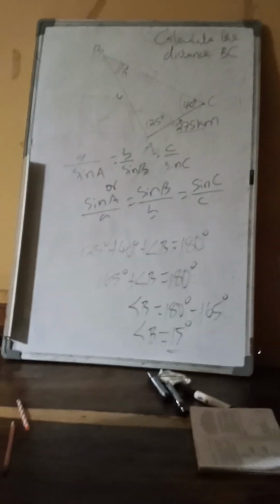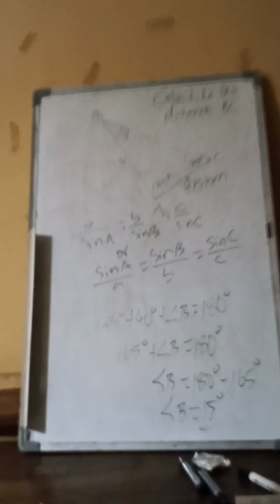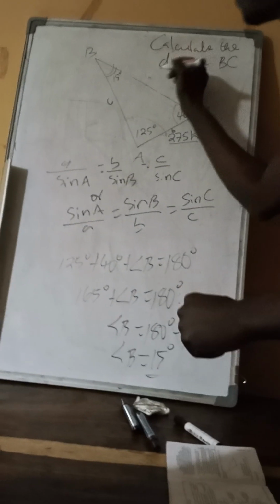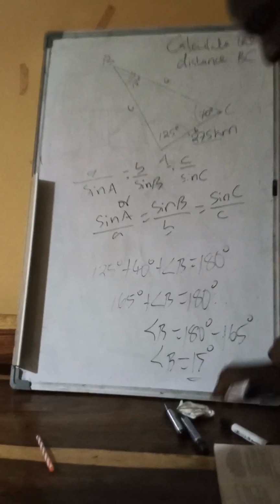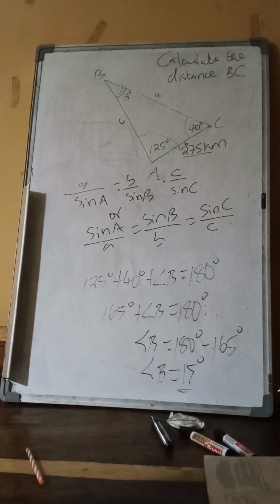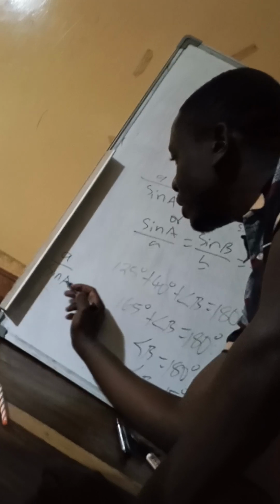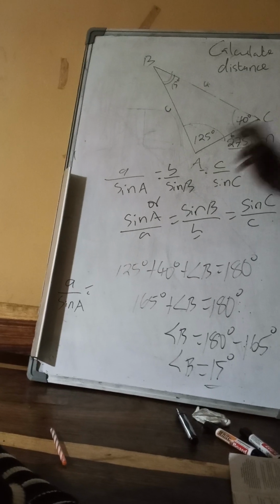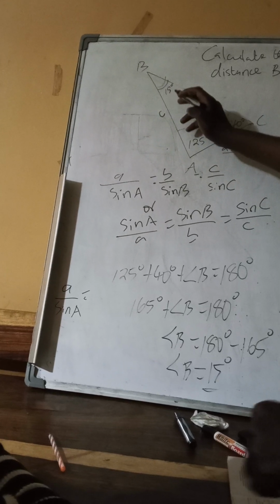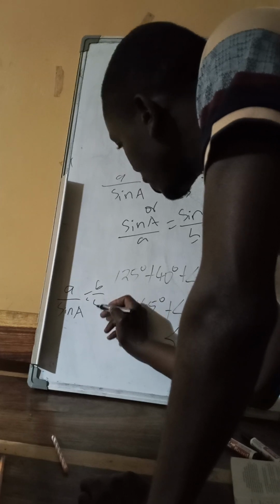So now I can use sine rule. I want to find the distance BC. The distance BC is represented by small letter a. So I can apply sine rule: a over sine A is equal to b over sine B. I've been given the distance AC, represented by small letter b.